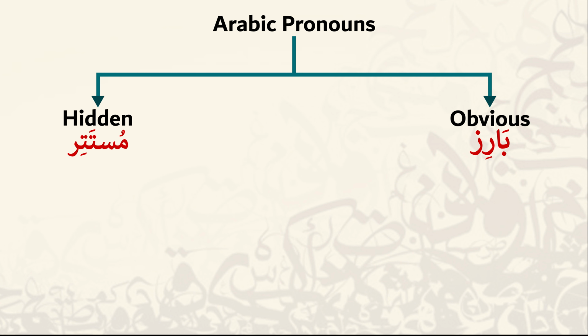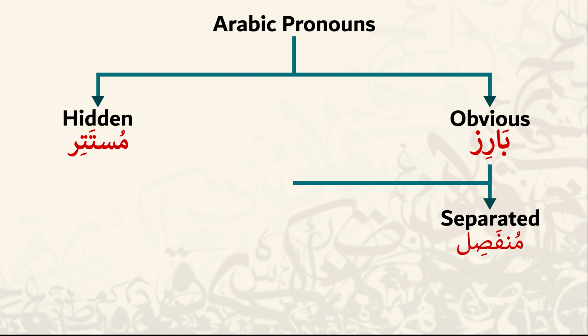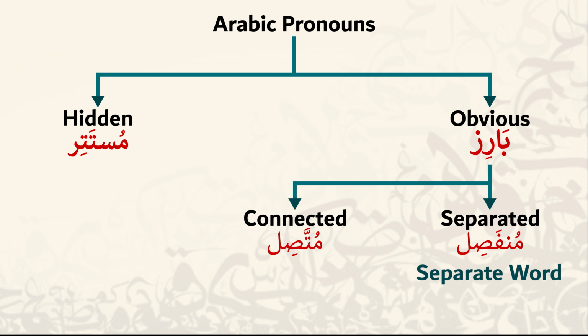Then, obvious pronouns are further divided into separated, منفصل, or connected, متصل. The first one, separated, is when the pronoun itself is a separate word, like the personal pronouns. I means أنا, he means هو, or she means هي.